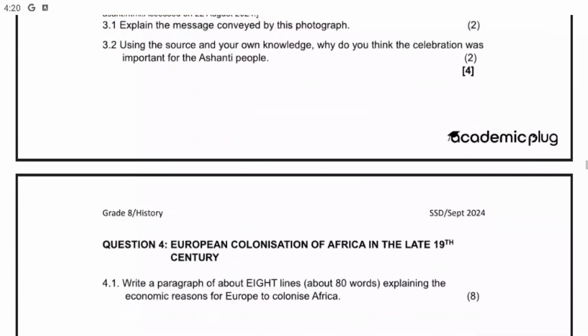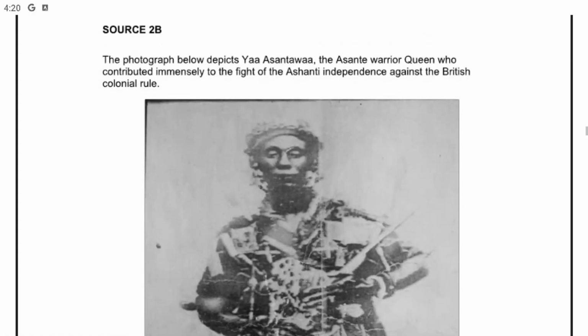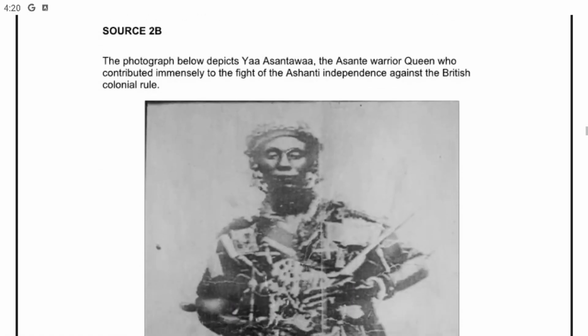Hold on. These are the questions that we're still going to delve into, right? So, I'm sure you know who this guy is, holding a gun. Oh man, this is like the watch. Sorry for digressing, but this depicts the Asante warrior queen.